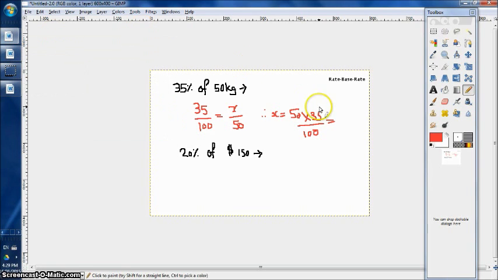20% of 150 is 20 over 100 times 150, or x over 150.